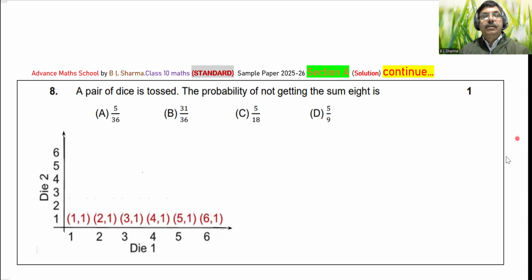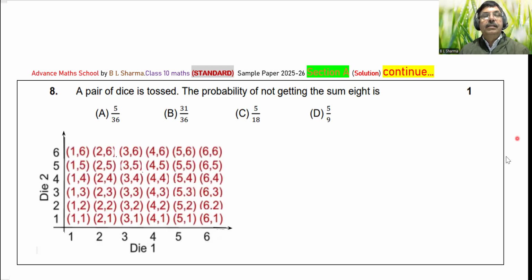We know this is sample space and total outcomes means total possible outcomes in sample space, that is 6 × 6 = 36. अब पहले हम उन नंबर्स को निकाल लेते हैं जिनका सम 8 आता हो. देखिएगा कौन कौन से 8 आएगा. 6 + 2 = 8, 5 + 3 = 8, 4 + 4 = 8, 3 + 5 = 8, and 2 + 6 = 8. टोटल है out of 36, 5.